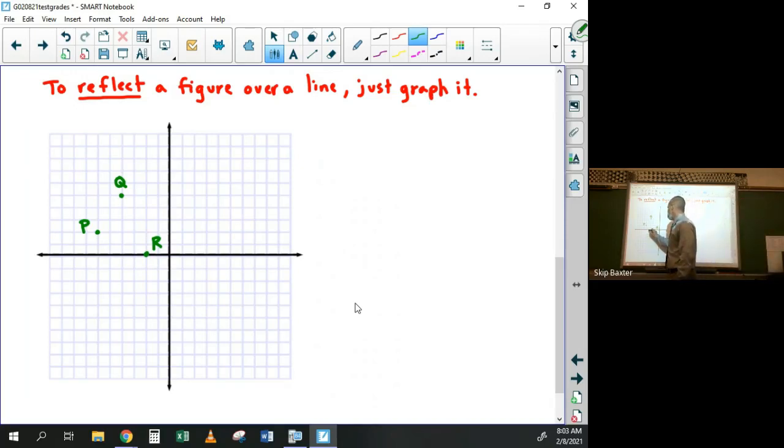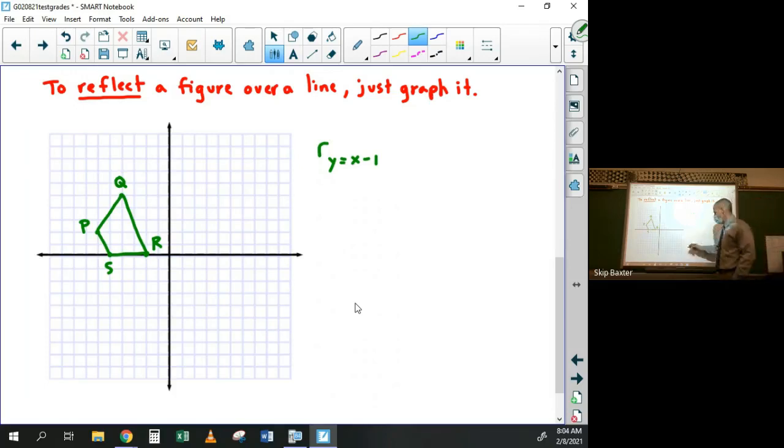And S is negative 5, 0. We have this quadrilateral. If they said, do a reflection across the line y equals x minus 1. Reflection across y equals x minus 1.